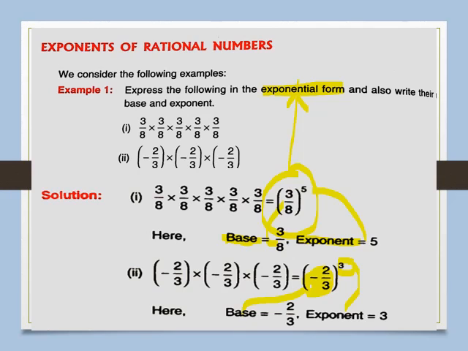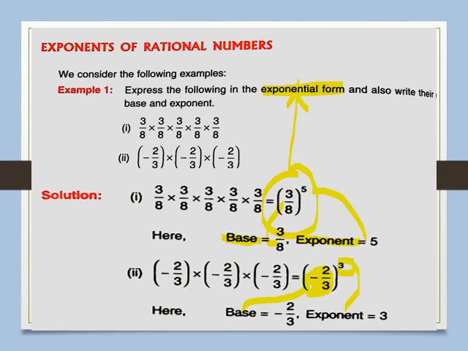So here the number is 3 by 8 into 3 by 8 into 3 by 8 into 3 by 8 and into 3 by 8. So here that number we will write as how many times 3 by 8? See here, 3 by 8 is 5 times.